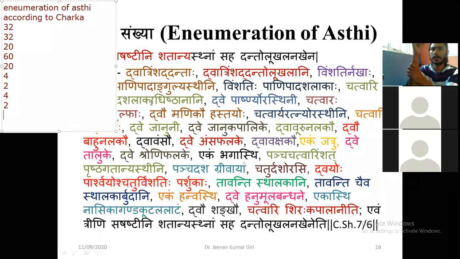So this Prakosta Asthi is the bone of the forearm. Chatvarya Ratnayorasthini. So how many are they? 4.